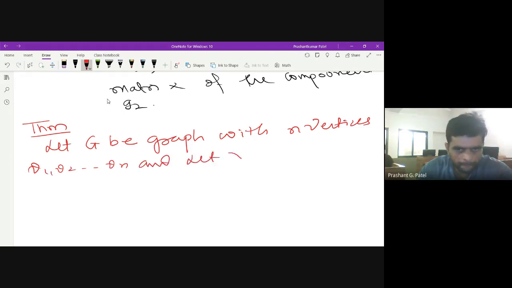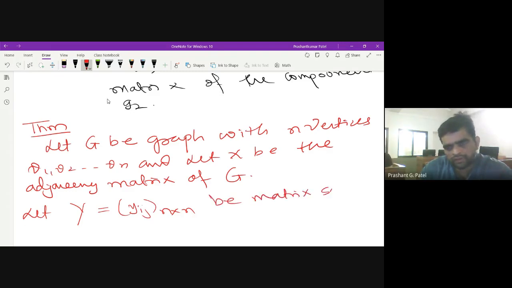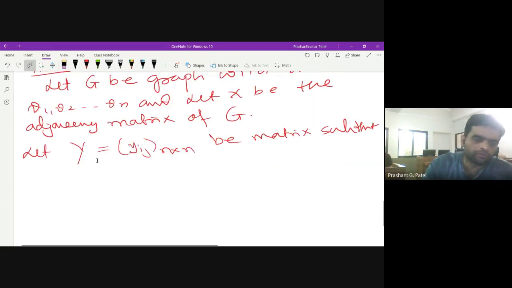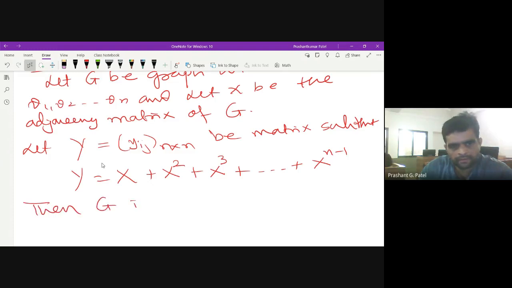And let X be the adjacency matrix of G. So X, capital X, is the adjacency matrix of G. Let Y, which I'm defining as Yij, which is also an n cross n matrix, be the matrix such that this Y matrix is actually a sum of powers of X, that is X plus X square plus X cube up to X raised to n minus 1.